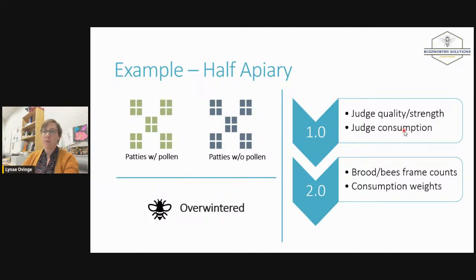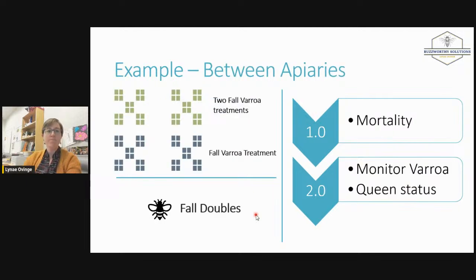Our number one is just going to be judging the difference, using your beekeeper judgment to look at the quality and strength between each half of the yard. And then you can also just look at which patties they ate better. If we want to get more complicated, you can do bees and brood frame counts. And also you could weigh the patties and see which ones weigh more.